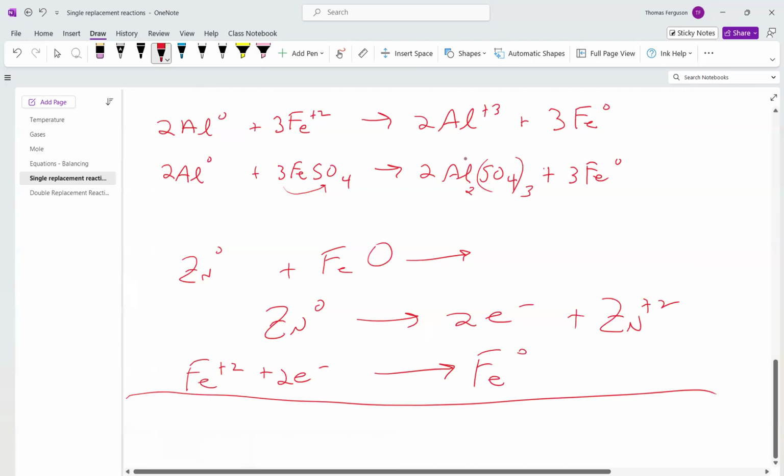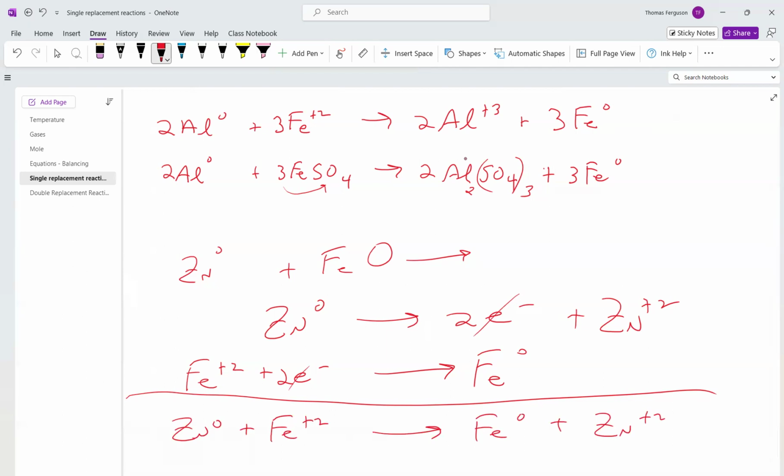Notice the electrons balance without playing any games, so those are immediately going to cancel. We're left with, let's write the metal first, and then what's the spectator ion? Oxygen is the spectator ion, so it's carried through.